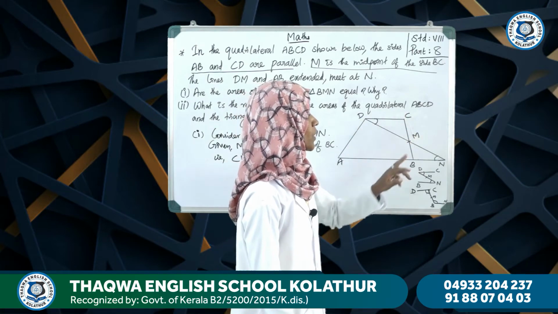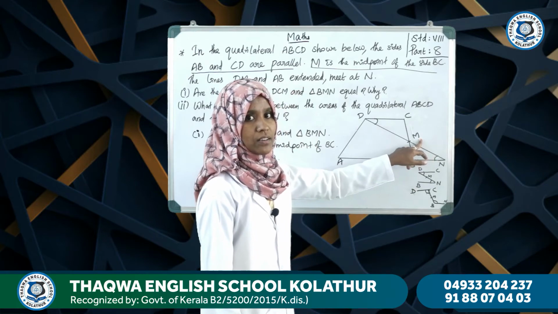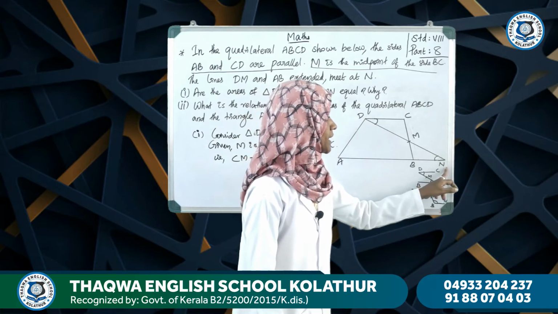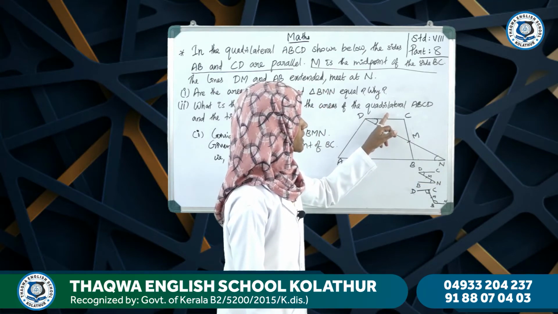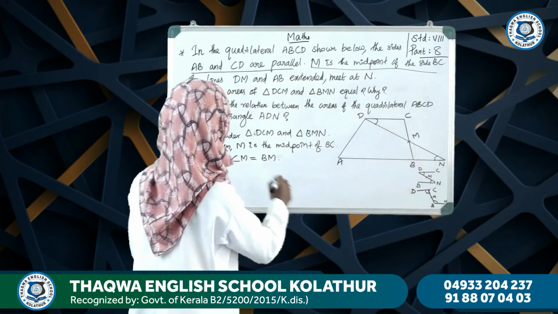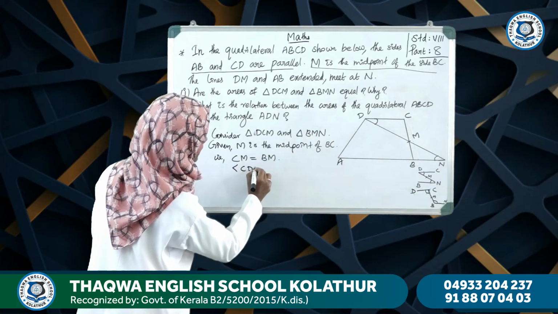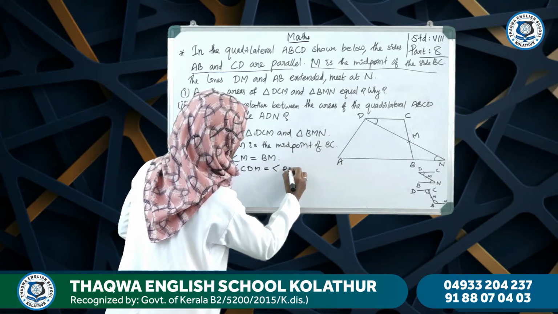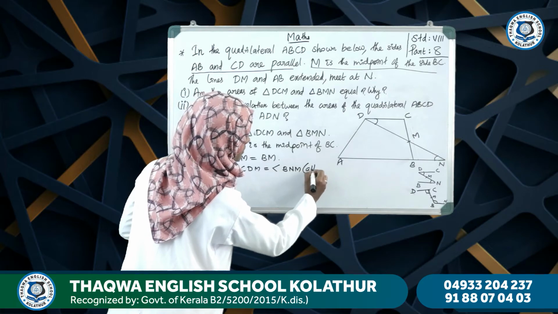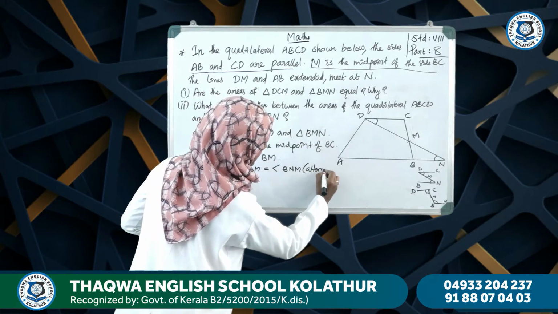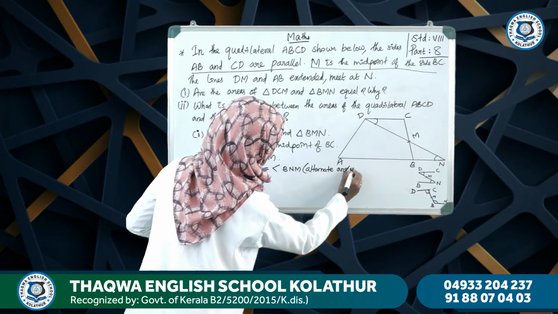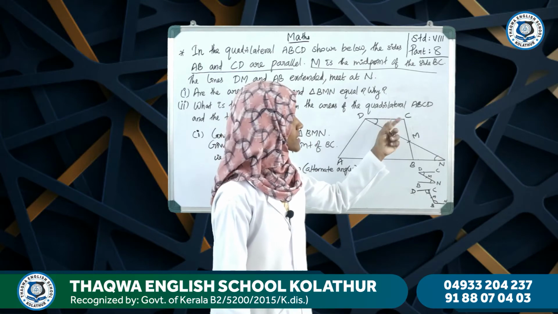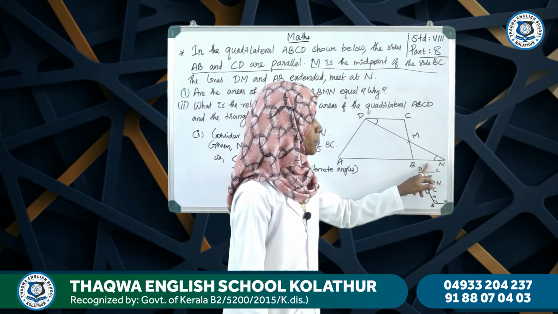They are the alternate angles formed by the line DN meeting the pair of parallel lines CD and BN.